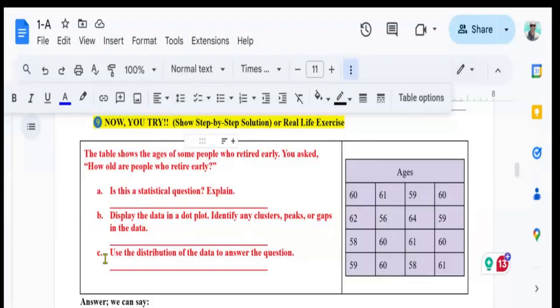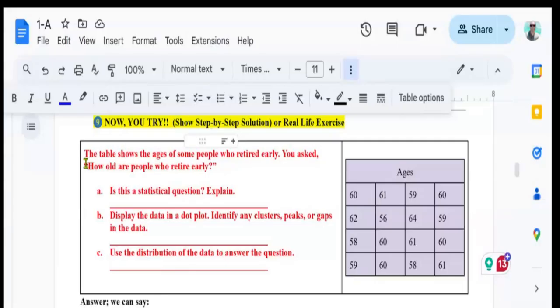Thank you. So what are the ages here? What's the first thing you should do? You need to organize this data. Put it in order first, from low to high. And after this, ask the question. What's the question here?